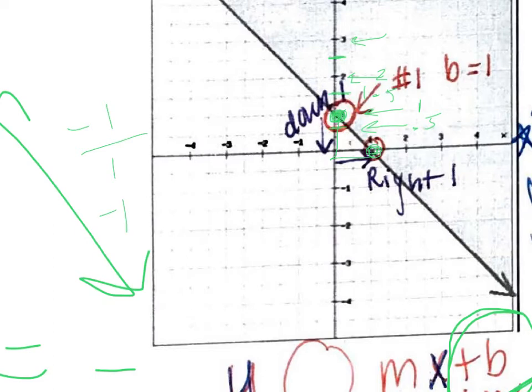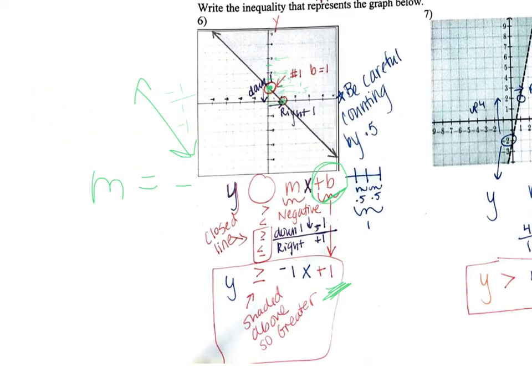So that's why the slope was negative 1. And we put that in front of x. The y's on the other side. Then we see where the shading is. The shading was on this side. So the shading is on the greater side, the above side, and it's or equal to because the line is closed. So this is our inequality.